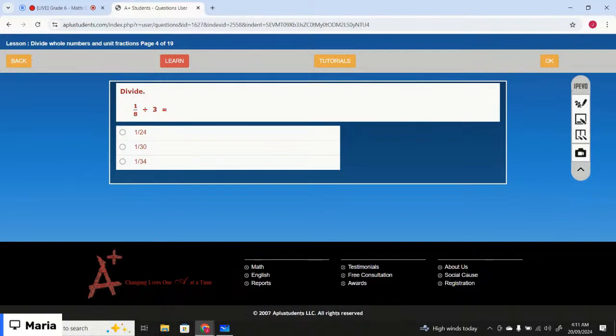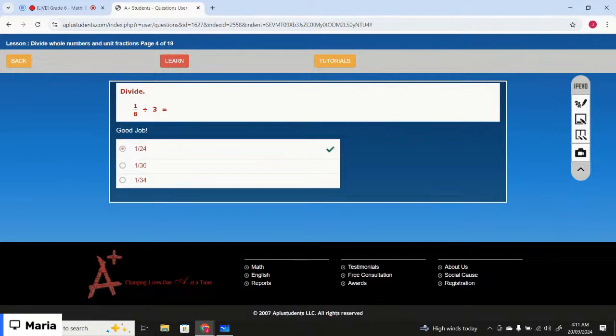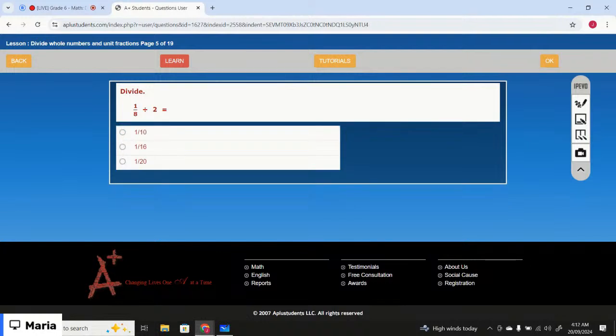Option number 1 is the correct option. That's 1 by 24. Okay, 1 by 8 divided by 2, which is the correct option?